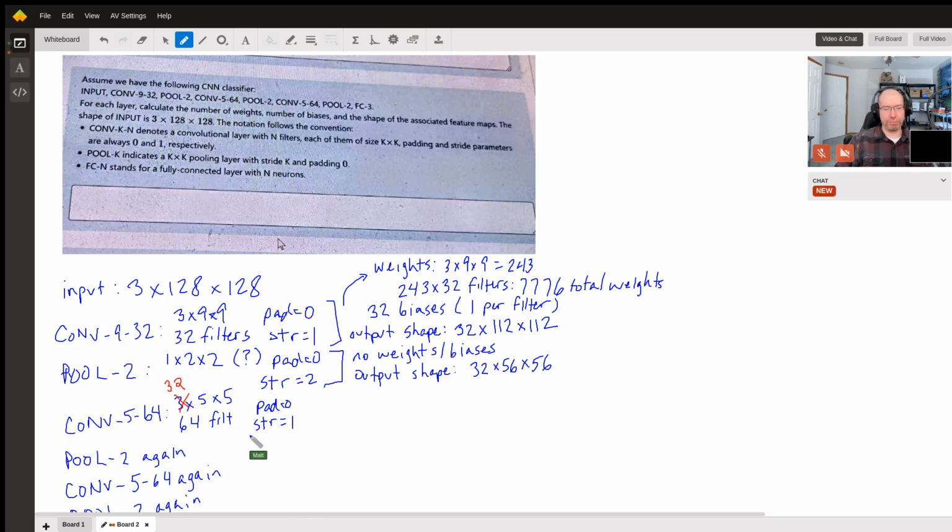Once we change the number of channels in the con5 from 64 to 32, the weights would be 32 by 5 by 5.